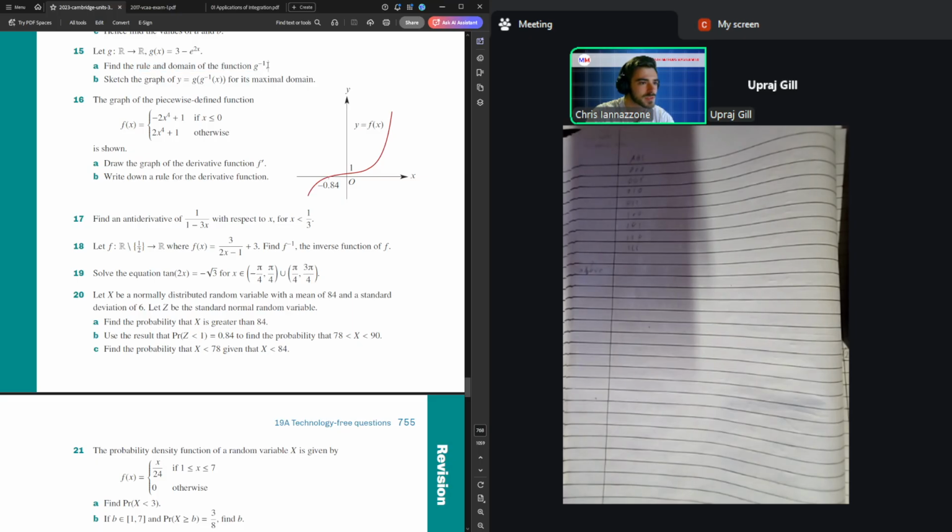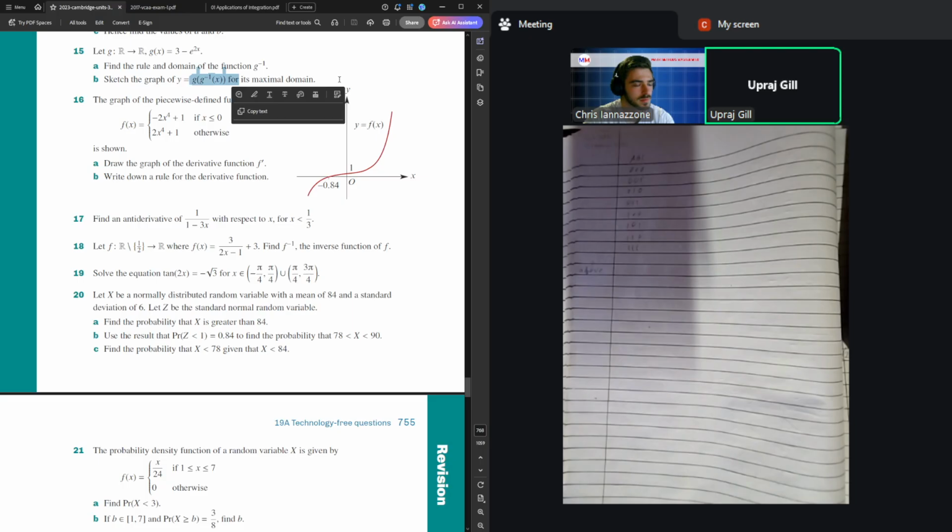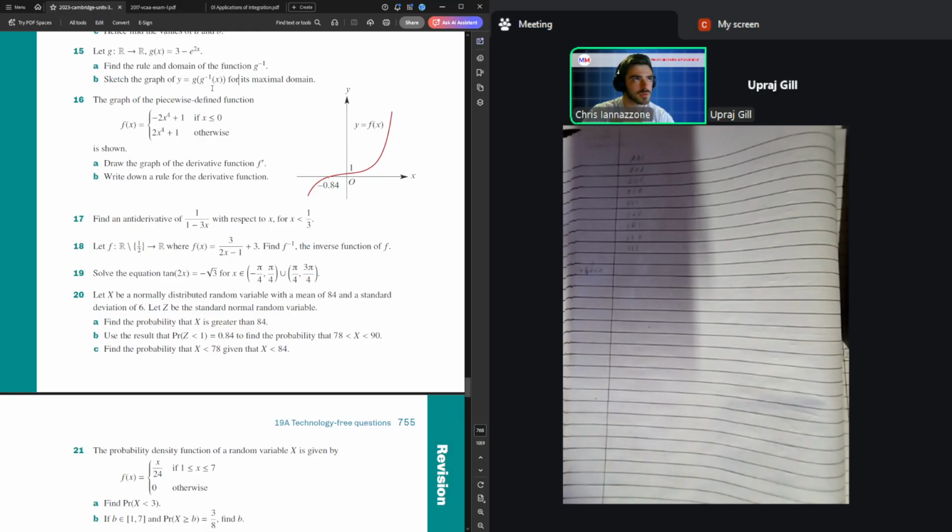Well, this is for inverse, so I guess you just do that. But for this, you know the rule is always going to be x. It's more so what's the domain of this one going to be. How would you go about getting the domain for this one? Is it the outer? So you always go from x into the inner, and then that goes into the outer.